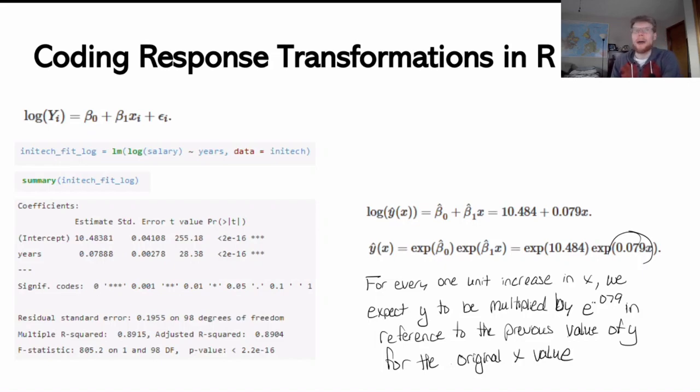Which is really a mouthful, right? You read this sentence and it's kind of hard to make sense of what's going on. But what we're really trying to say here is that this slope value represents this multiplicative change, this expected change in y for a 1 unit increase in x. So if we have a particular y value at a particular x value, and we want to know what happens to y if we add 1 unit to x, we expect y to change by being multiplied by e to the 0.079 as a result of a 1 unit increase in x.